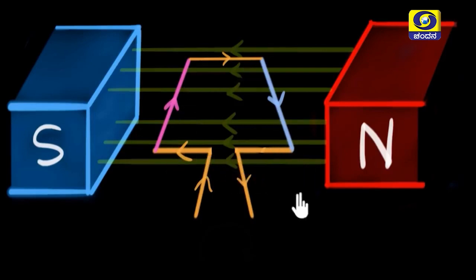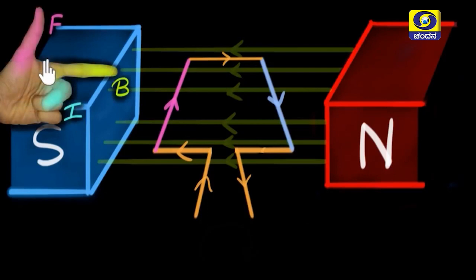We have three fingers, thumb, forefinger and mid finger, mutually perpendicular to each other. One is representing force, the other one is representing magnetic field, and the mid finger is indicating the direction of flow of current. Now apply this rule to different parts. Let us apply this rule on the pink part of this rectangular coil and find out in which direction the pink part moves.